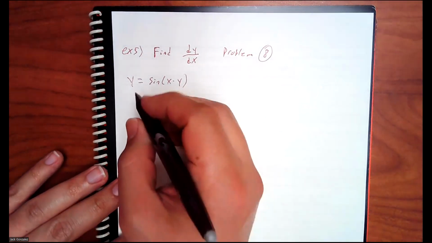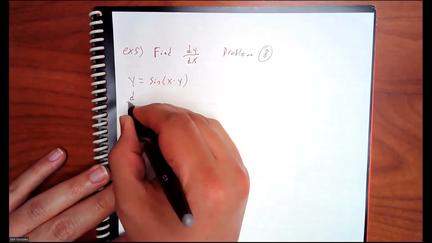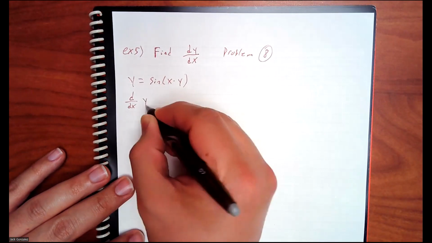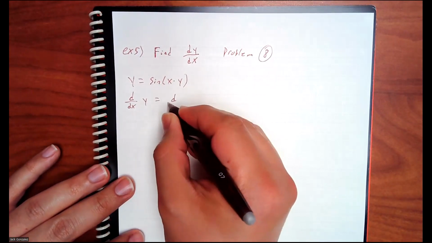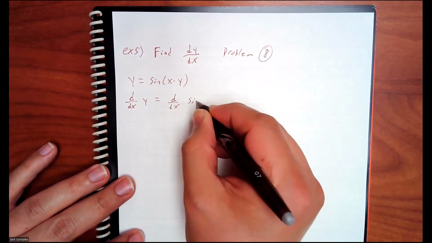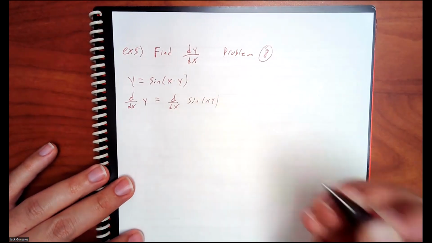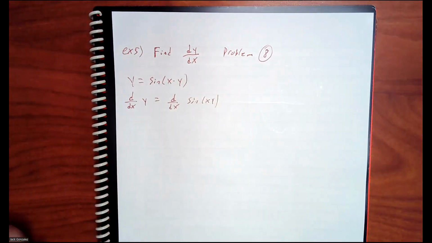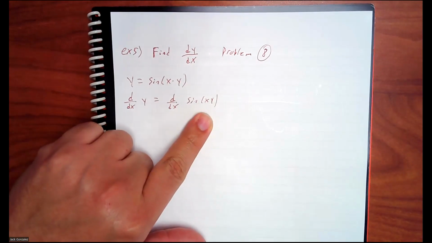So what's the outside function? Sine x. And the inside? You see how the inside is the argument, right? xy.